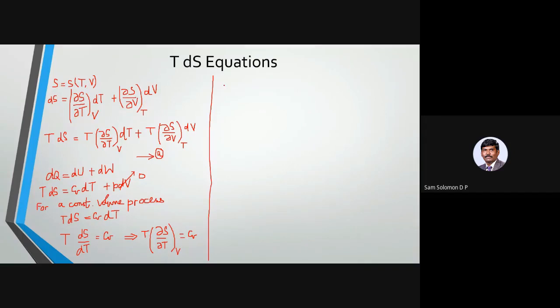Your equation A becomes TdS is equal to Cv times dT plus T times partial S partial V at constant T into dV.